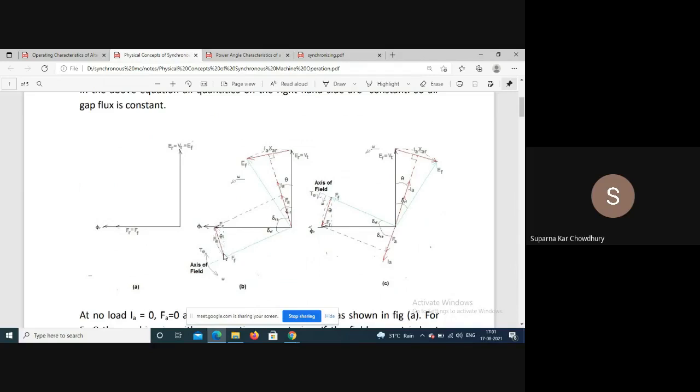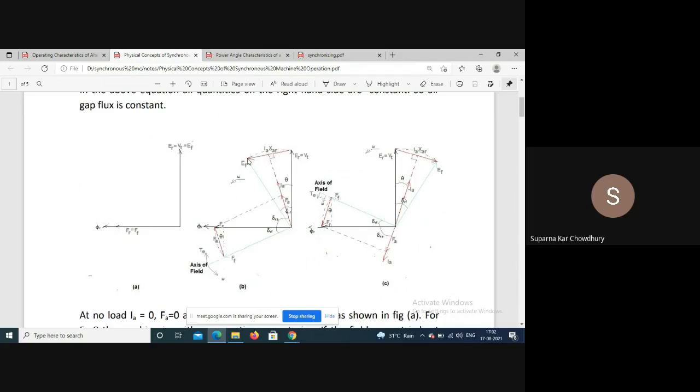So this is the armature reaction FA. So FF plus FA is equal to FR. So IA current will be in this direction. Current flowing will be in this direction. So as the current is flowing, it will create this drop, the IAXAR drop.